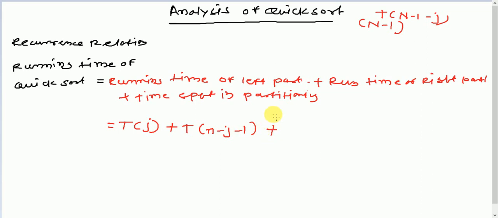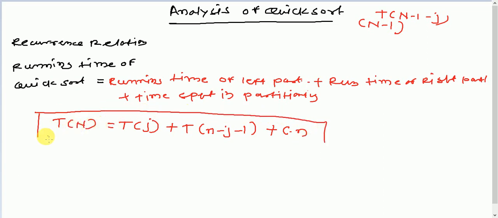In the partition function, it works on n elements, and say some c times we call partitioning, so we write c into n. This is the total time required for the quicksort.